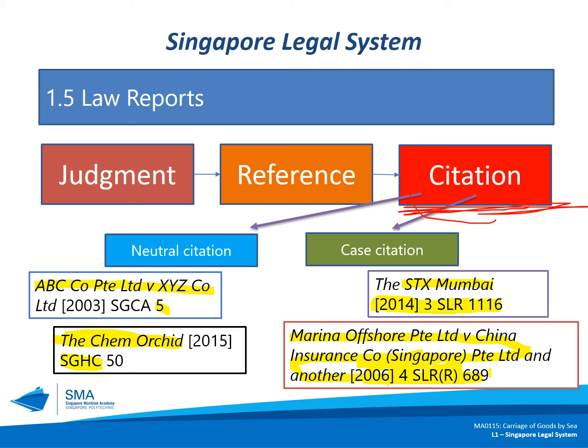So how do you explain this then? If people were to ask you, not to worry. You see, it is a case between Marina Offshore Private Limited and China Insurance Company Singapore Private Limited and another. That means China Insurance Company and another. There's another party as a defendant.